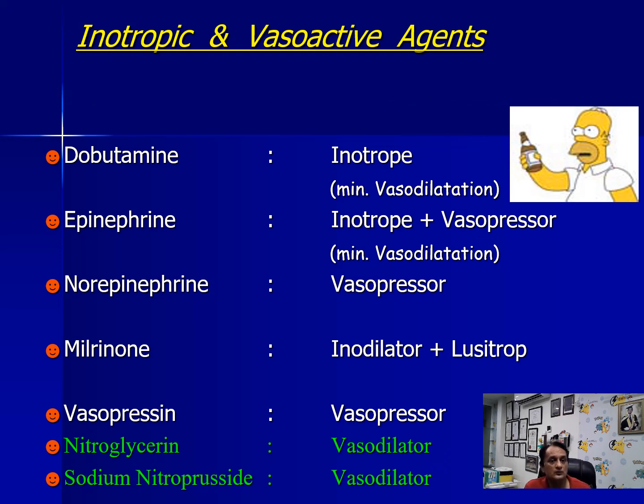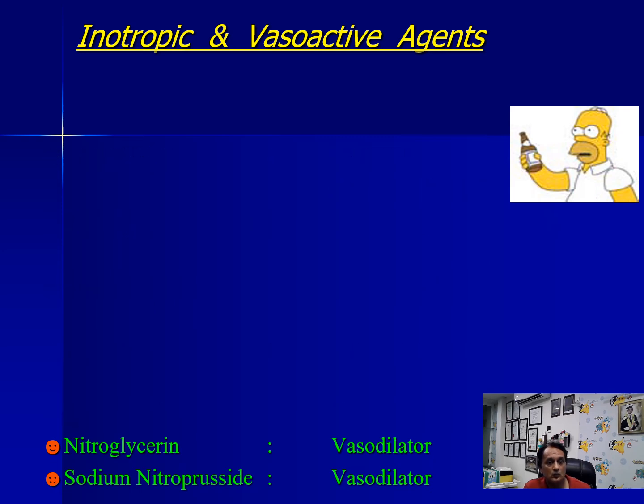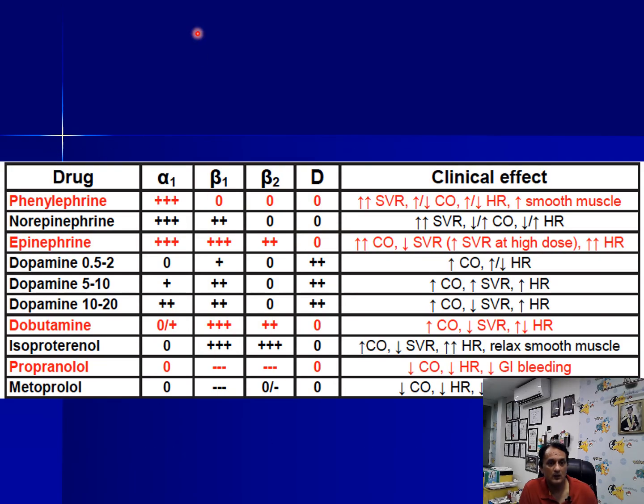Further, we can discuss quickly the effect of these drugs on the different receptors. We know phenylephrine has a potent effect on alpha 1. It does not have an effect on other receptors, and these are the clinical effects. Norepinephrine strongly has an alpha 1 effect, including epinephrine.